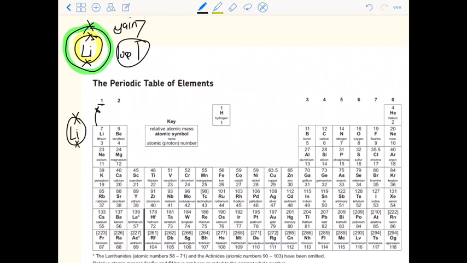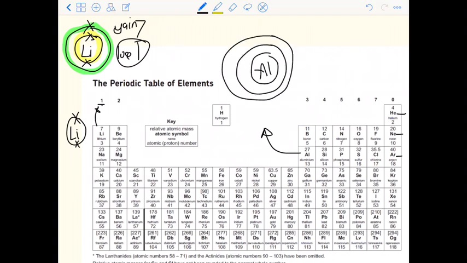All right, if we go look at aluminum, it is in period 3, so we know it has 3 shells. And it is in group 3. So we know it'll have 3 electrons in its outside shell, and its inside shells will be full.